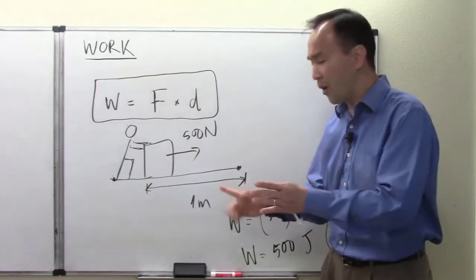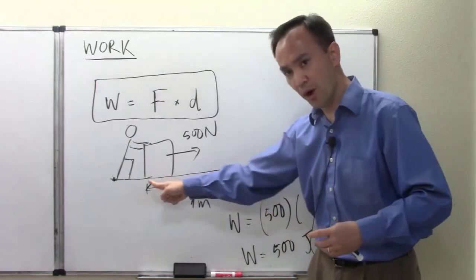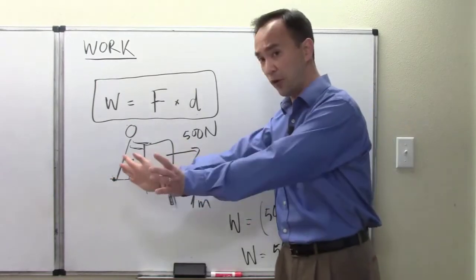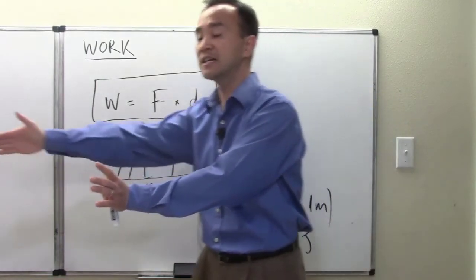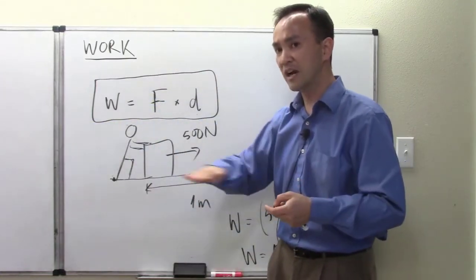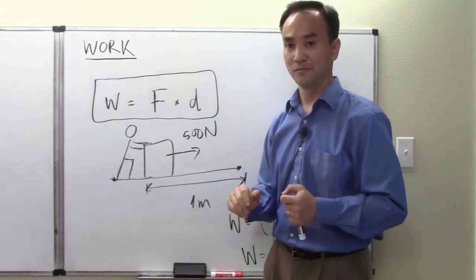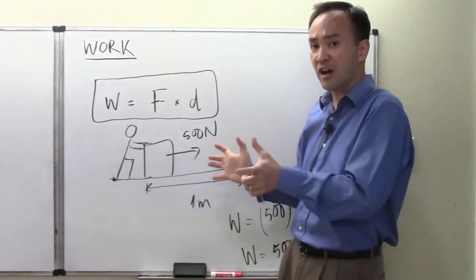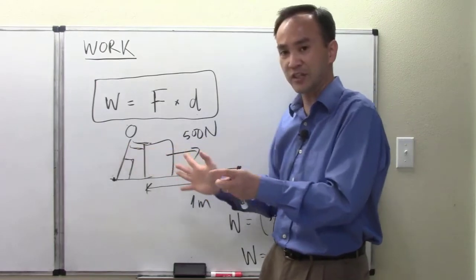At some point the floor is smooth, so he has to exert less force. And then at some later part of the floor the ground becomes more rough, more friction, that's holding the crate back. That's why the man has to exert more force.